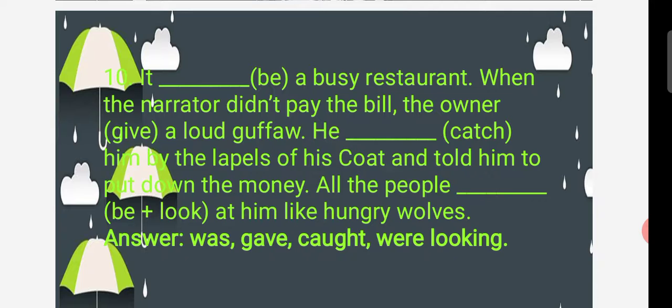C-A-U-G-H-T, caught spelling. Caught him by the lapels of his coat and told him to put down the money. All the people, many people are there. So be form becomes were, and looking at him like angry wolves. Because be plus looking, when it comes, be helping verb was, and looking at him like hungry wolves.